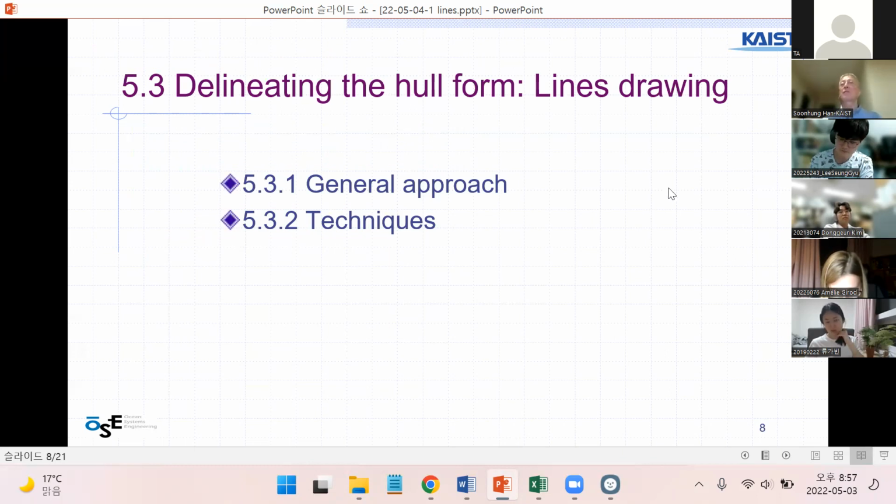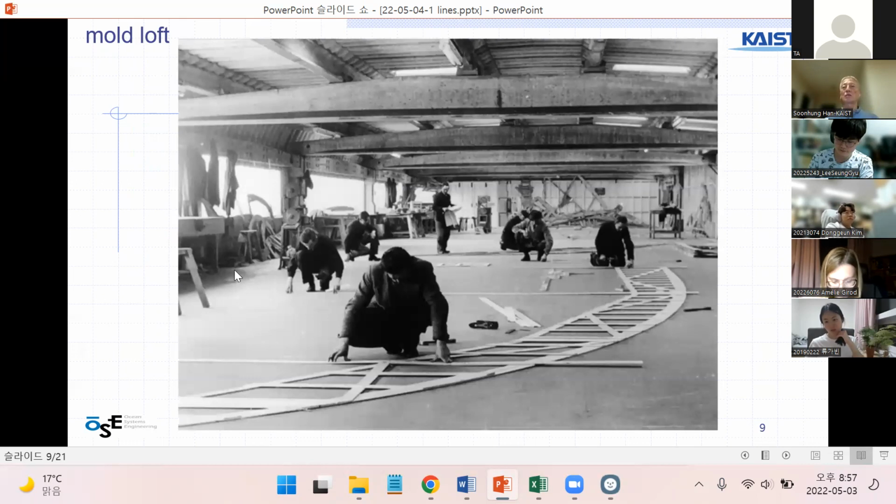And then the whole hull lines drawing, you can see that this is an old type of drawing room, because we need to have a template to build a ship. So the ship skin is made of a curved surface, so it is not easy to make that curved steel plate.